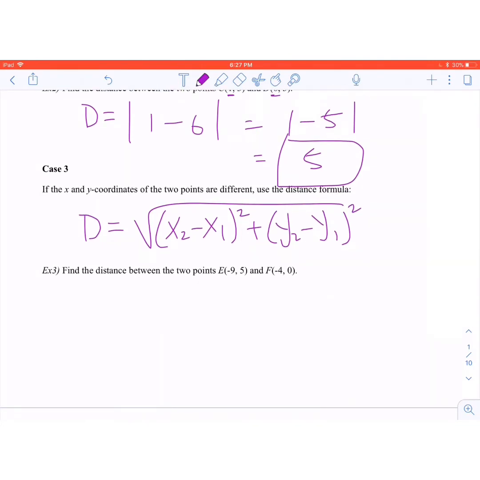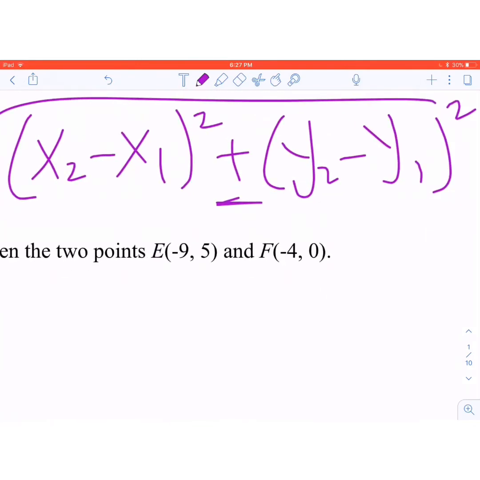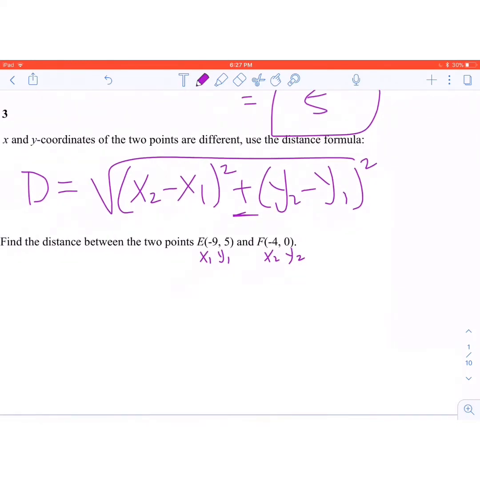So basically, notice how the idea is similar. We are going to be adding and then finding the square root. So here, let's say these are my x1, y1, and x2, y2, and simply plug them into the equation.